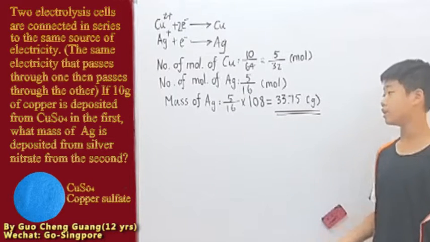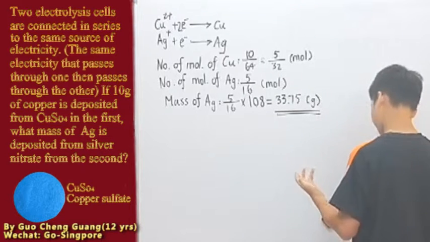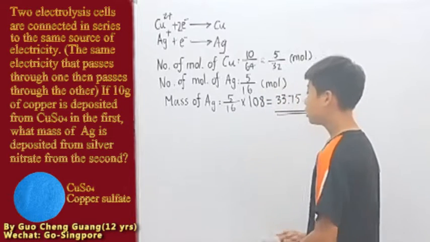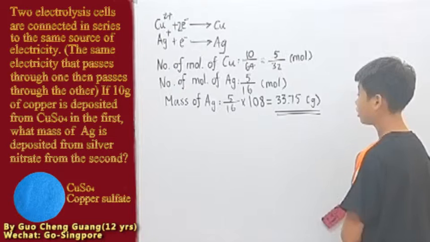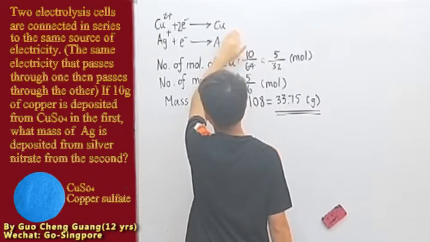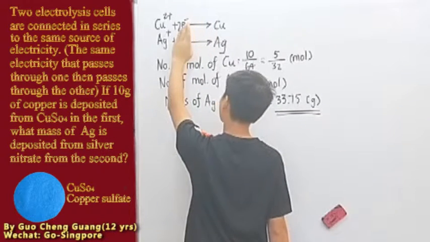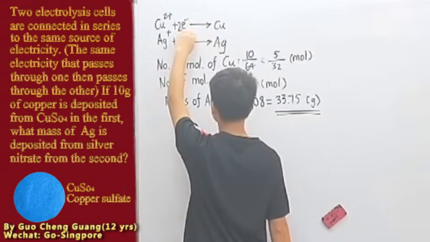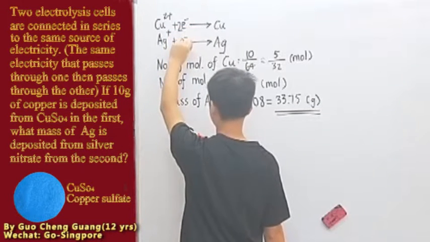If you want to do it in the long method, I'm not going to write it out, it's going to be very, very long. First of all, you're given the mass of copper, so you can find the number of moles of copper, then the number of electrons given to copper, which is the same as the number of electrons given to silver.